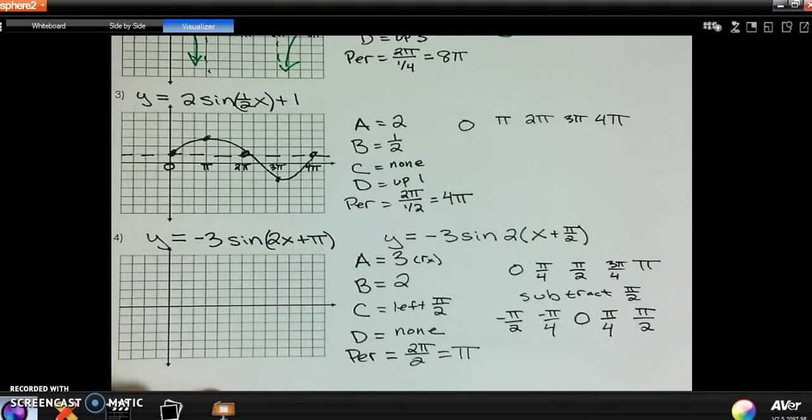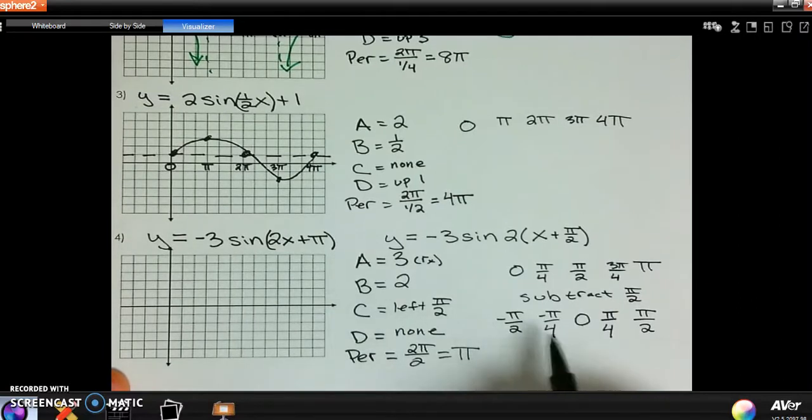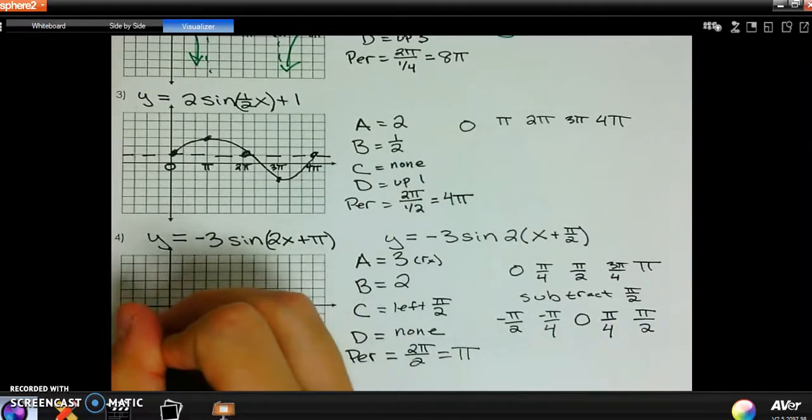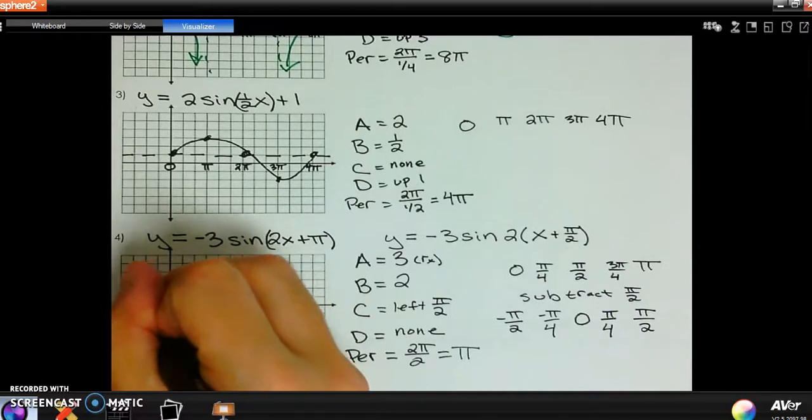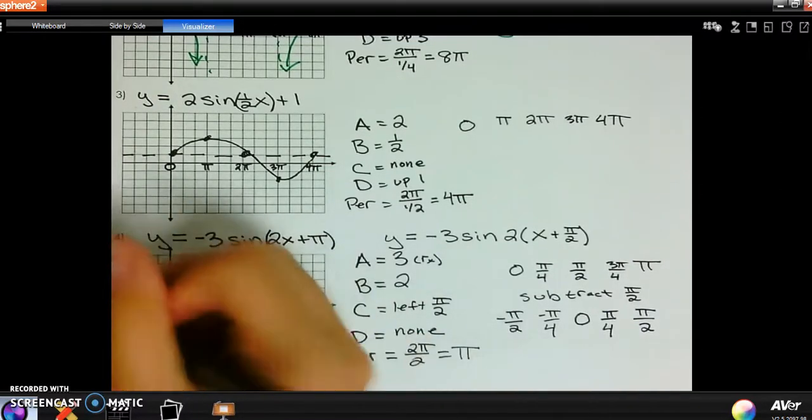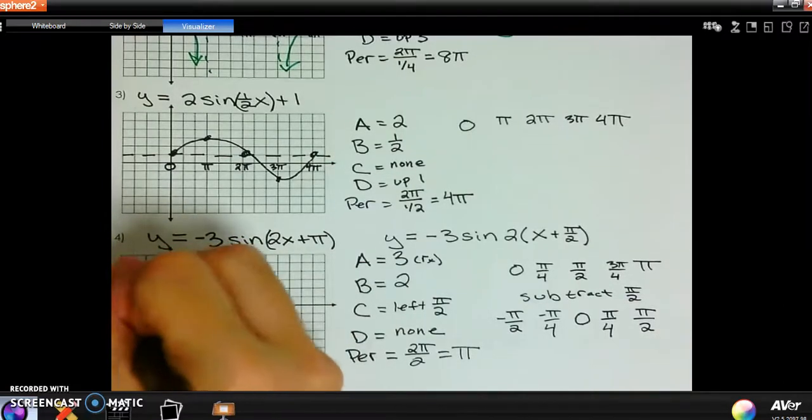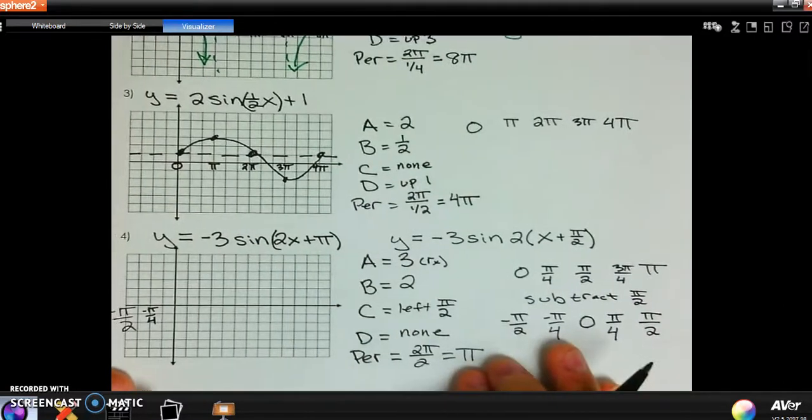And we're going to take those key values and put them on the graph. So now I would probably count every other one as a quarter. If I did that, I'd have a negative pi over 4 there, and then maybe a negative pi over 2 there. Oh, can you see that sign? Let me scooch it over.